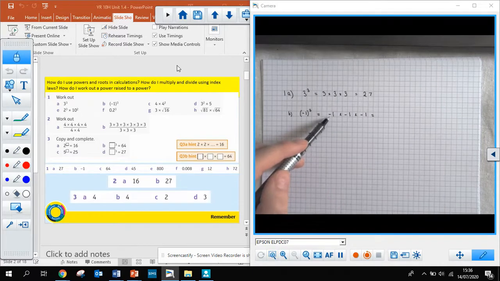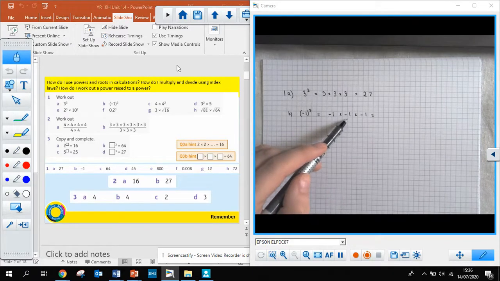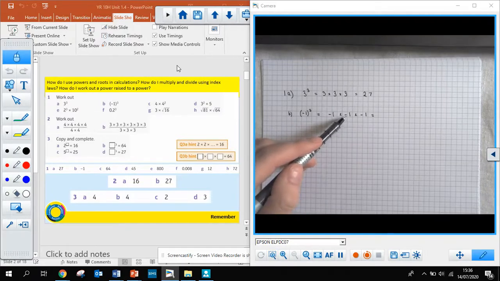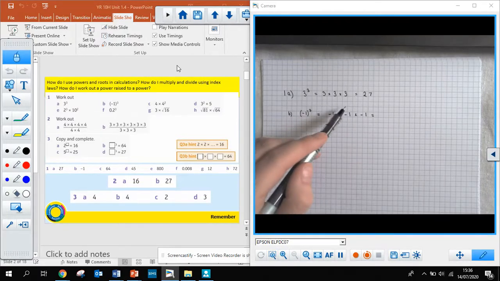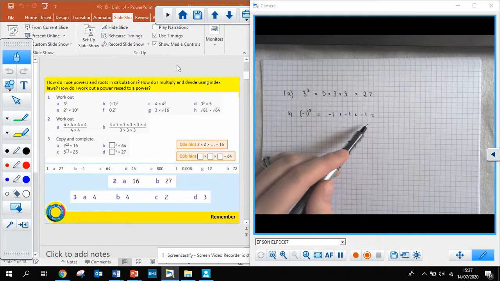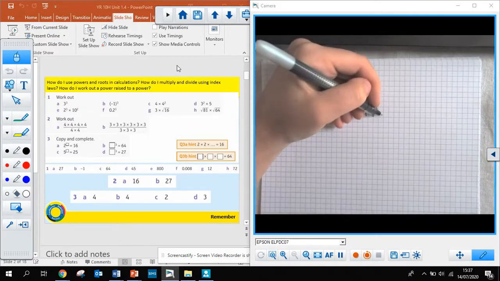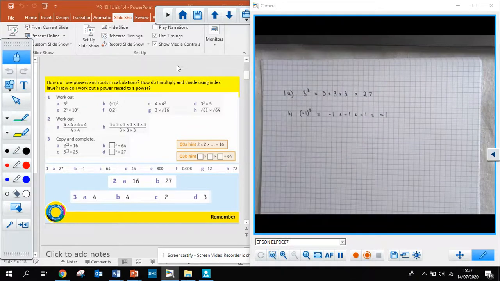So -1 multiplied by -1 gives you +1 because a minus and a minus make a plus and 1 times 1 is 1. So -1 times -1 gives me +1. Then I'm doing +1 multiplied by -1. A positive and a negative give you a negative, and 1 times 1 is 1. So our answer is -1 there. Okay?